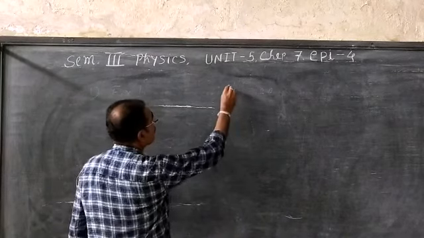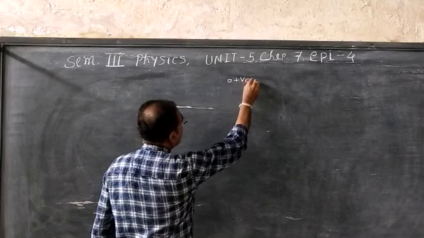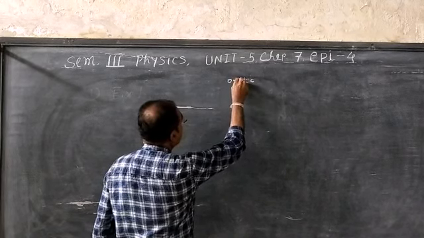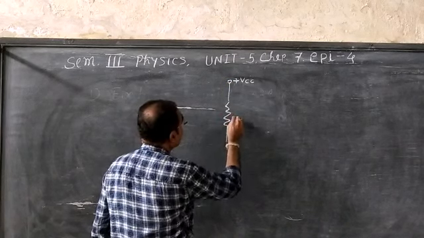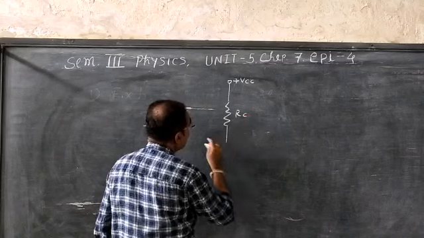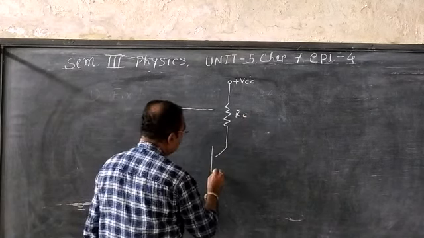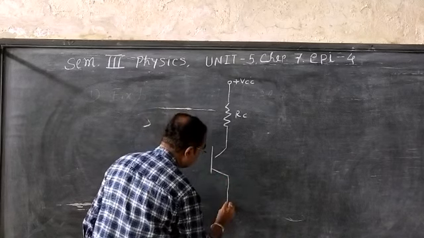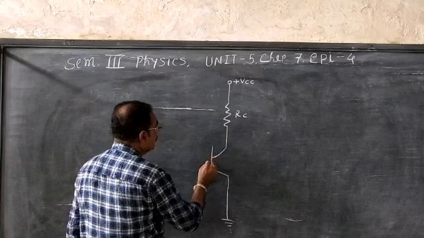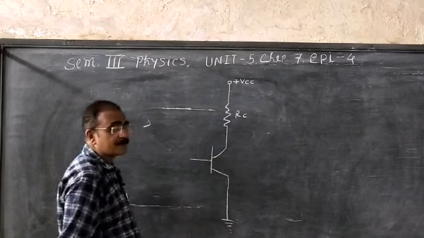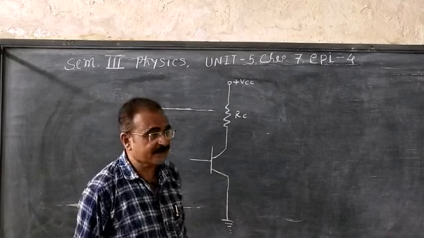So as we know, this is the plus VCC terminal, and this terminal is given directly to the RC resistance. That resistance's second terminal goes to the collector, and this is known as the emitter, ground. Now this is the base terminal. We are talking about the feedback bias resistor technique.